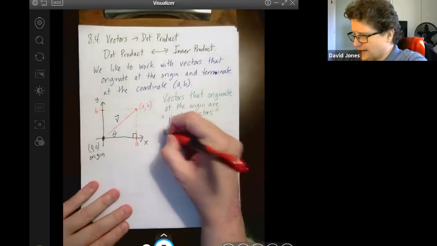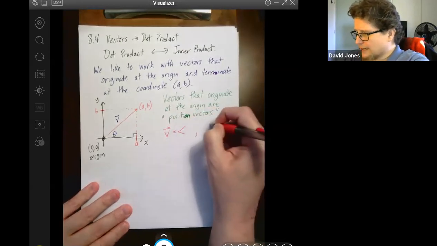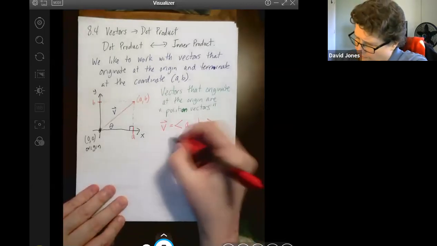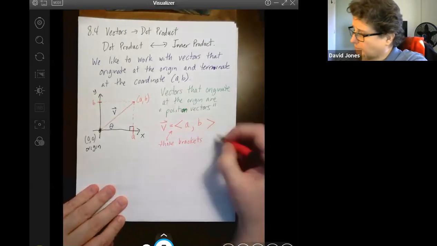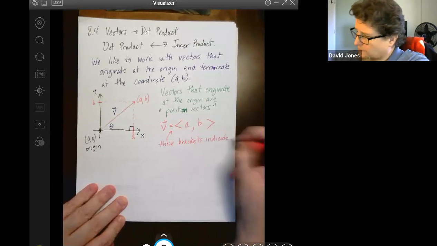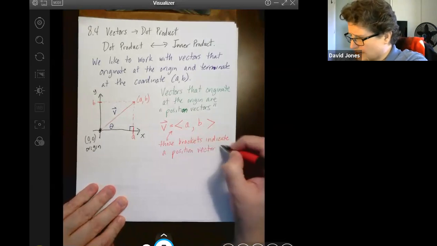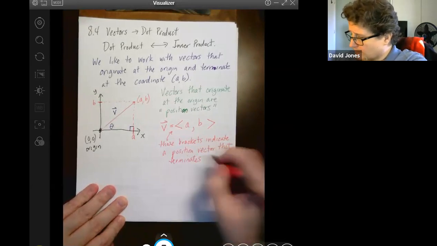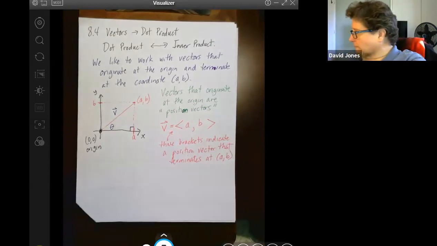We will say vector V equals, and then we use those kinds of brackets, and we'll say A, B. Those brackets indicate a position vector that terminates at A, B.